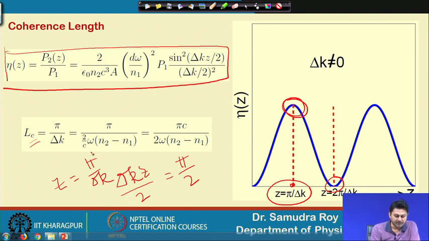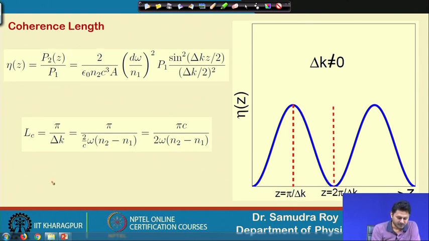Delta k can be defined in this way, because delta k is k2 minus 2 k1. Let me simplify that. Delta k is equal to k2 minus 2 k1.